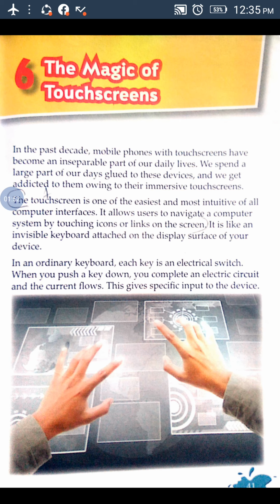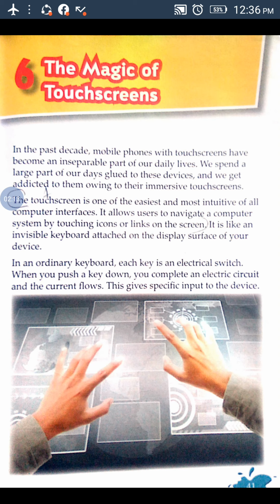Okay, it is like an invisible keyboard attached on the display surface of your device. It is just like a keyboard. You are used to touching the keyboard the same way you are touching the screen here, and you are getting the display on the surface of the device, whatever be the device, the mobile phone or the computer.